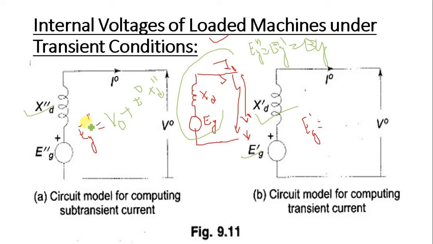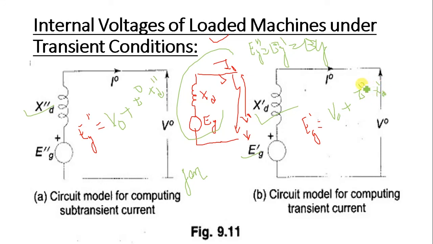So your Eg double dash is given by your output voltage plus whatever the drop will be across your Xd double dash reactance, because we are talking about a generator. In the same way, your transient voltage is given by Eg dash equal to V naught plus I naught Xd dash.